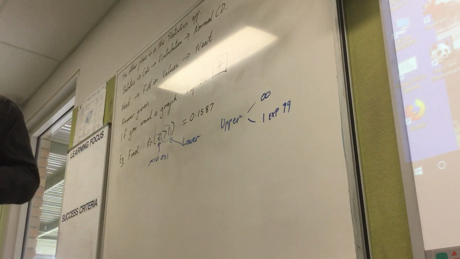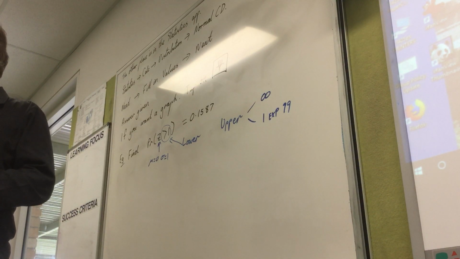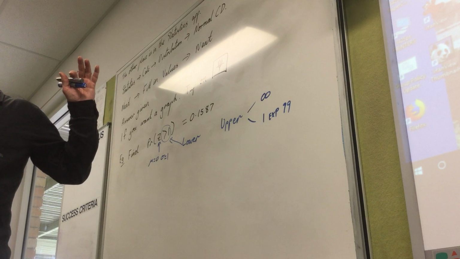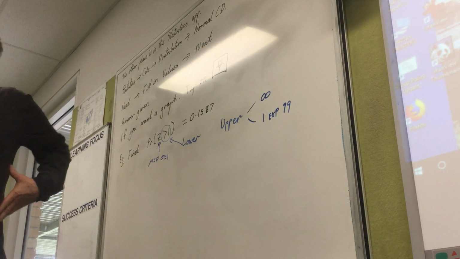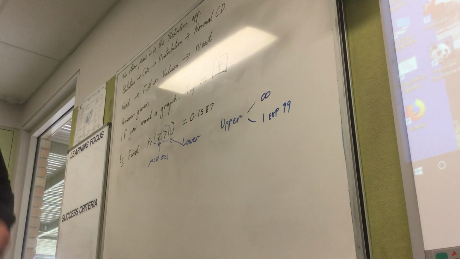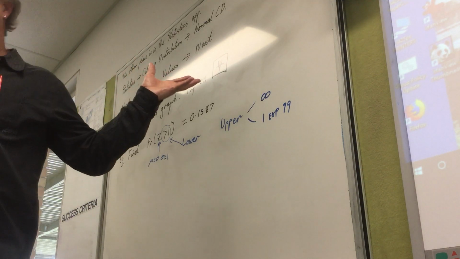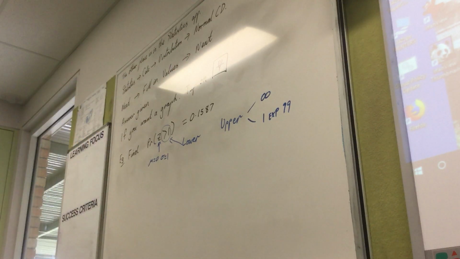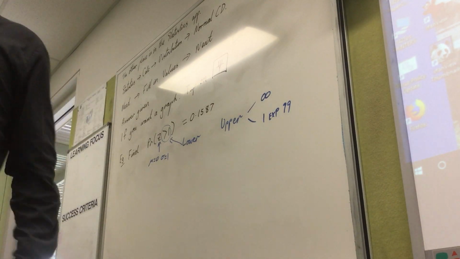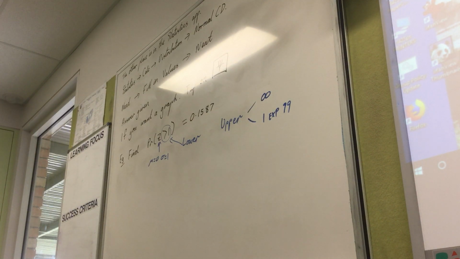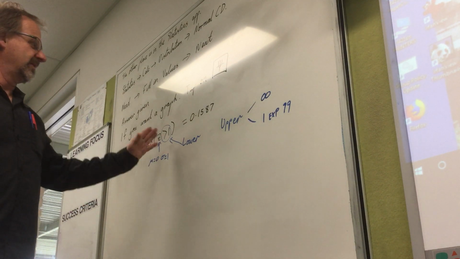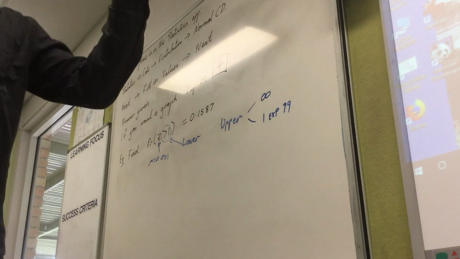Yes, you can use the infinity, you can use the 1E99, whatever. Either of them works fine. Bigger than a trillion, you get all the same decimal places, as long as your number's a massive number. So not just 7, not 42. Greater than 1 means 1's your lower bound, and then it's bigger.